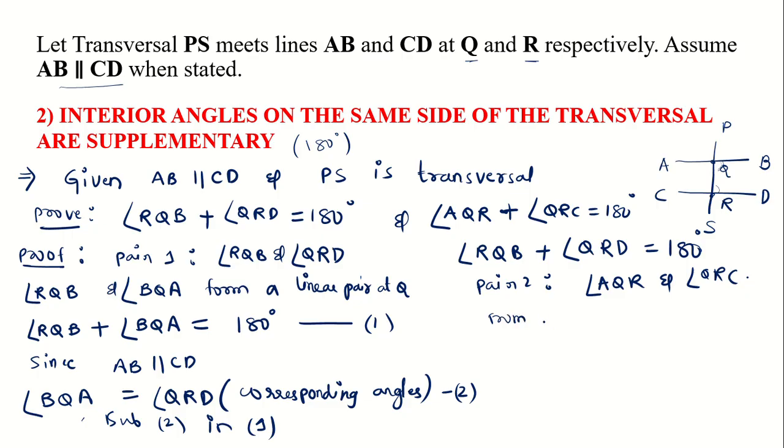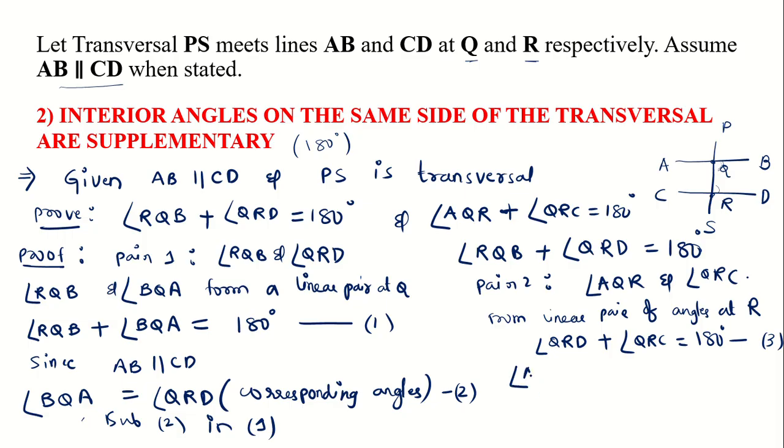From linear pair of angles at point R, you will get angle QRD plus angle QRC is equal to 180 degrees. Let this be your equation 3, and next you'll get angle AQR is equal to angle QRD.